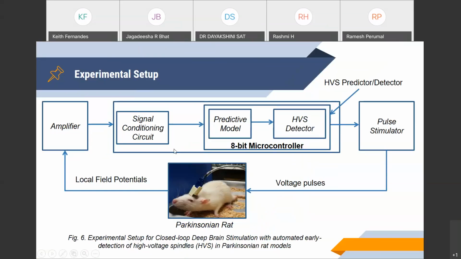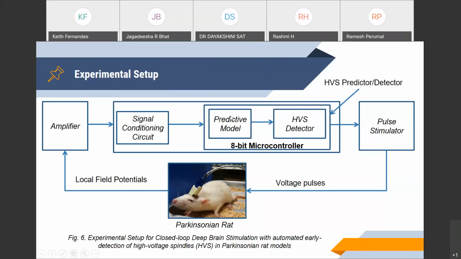So this is a block diagram of how we are going to use the algorithm in the real-time implementation. As I already told you, we need a signal conditioning circuit to condition the raw local field potentials from the rat. The local field potentials are recorded, amplified, and then given to the microcontroller after the signal conditioning circuit. For every 144 milliseconds of local field potential, the signal is resampled to 6 samples.